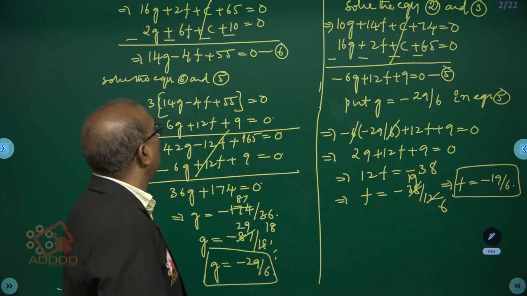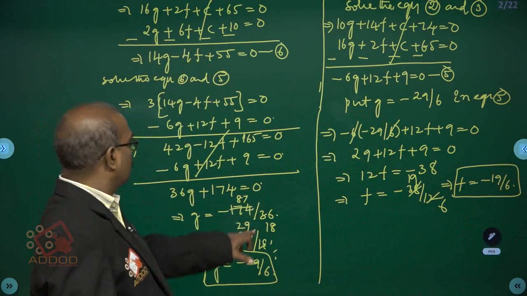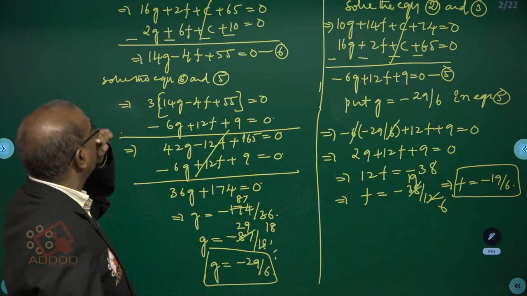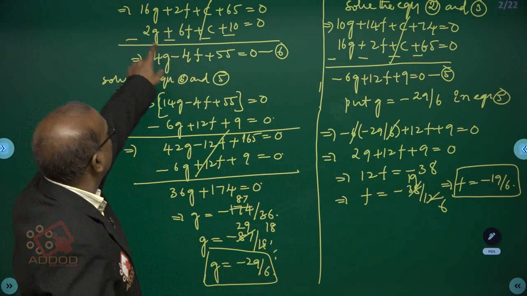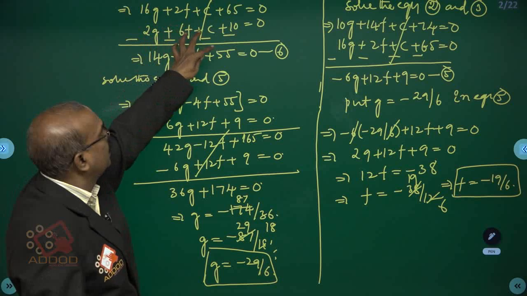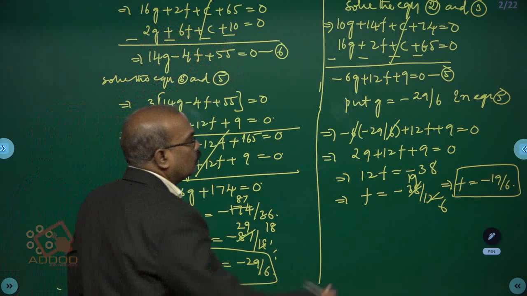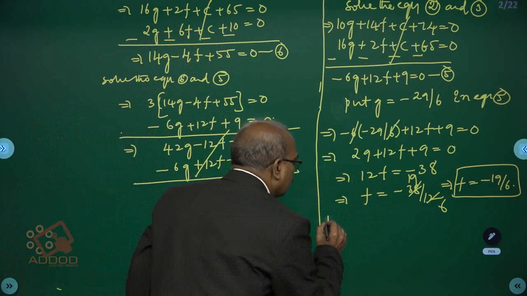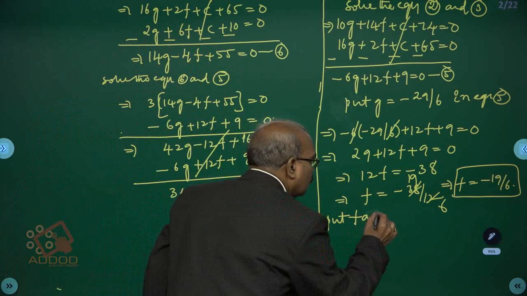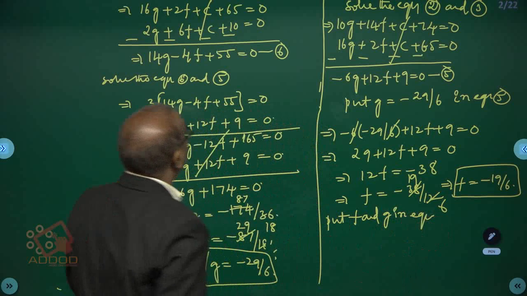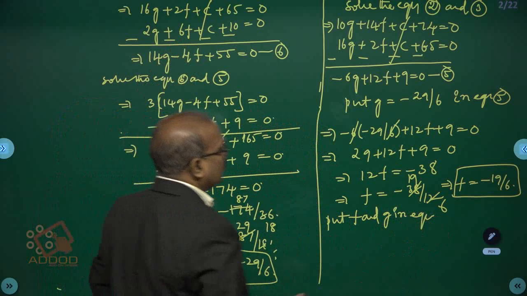Now to get the C value, substitute the G value and F value in any one of the first equations. So what was the first equation we have? In the third equation also we can substitute here. Okay, this is the third equation: 2G plus 6F plus C plus 10 is equal to 0. So to get the C value, put F and G in this equation, that is equation 3.